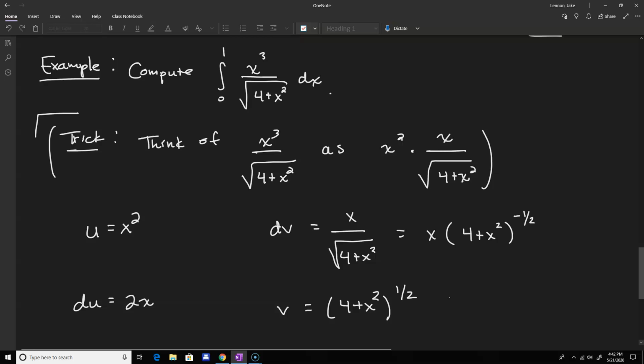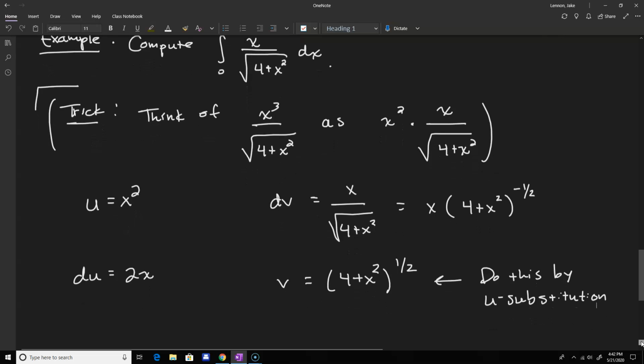So basically, you want to integrate dv using u substitution. I will leave it as an exercise to you.